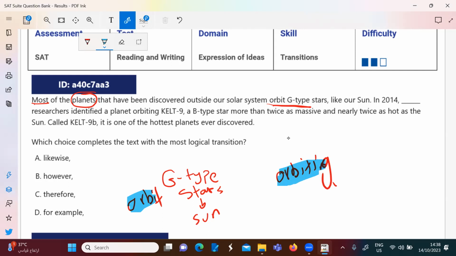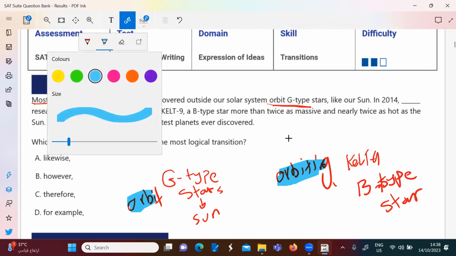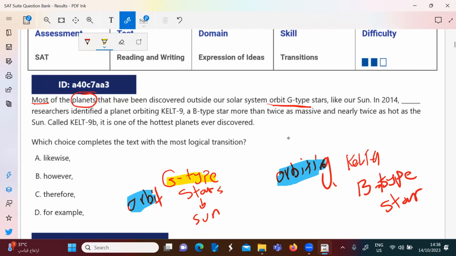Orbiting what here? K-ET9, I don't understand this, but it's a B-type star, which is bigger than the sun. So sentence number one says the planets orbit G-type stars. Here, in the second sentence, they found a planet orbiting a B-type star. So what is the relation?